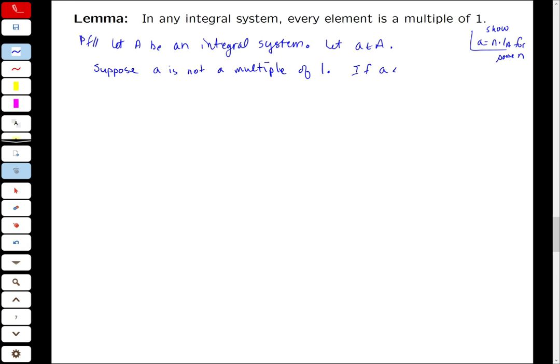If A is less than 0, then minus A is greater than 0. Now, if there exists an n in the naturals such that minus A is equal to n times 1 sub A, then A has to be equal to minus n times 1 sub A, just changing the negative on it.